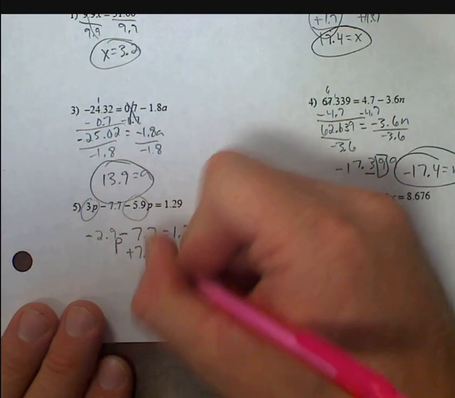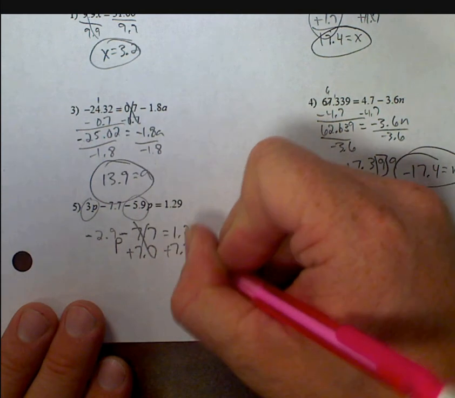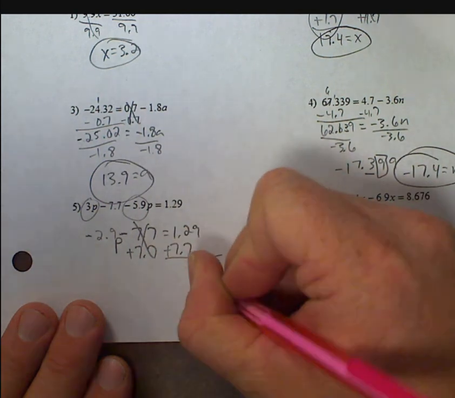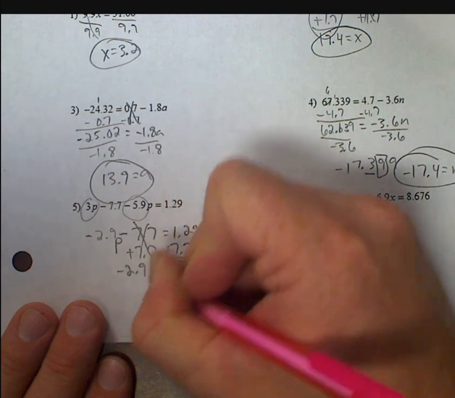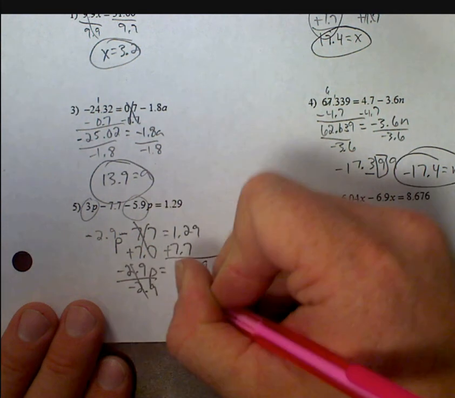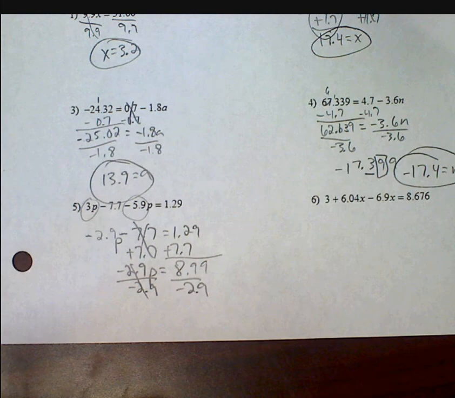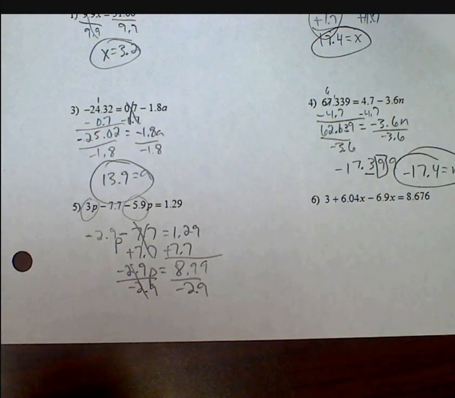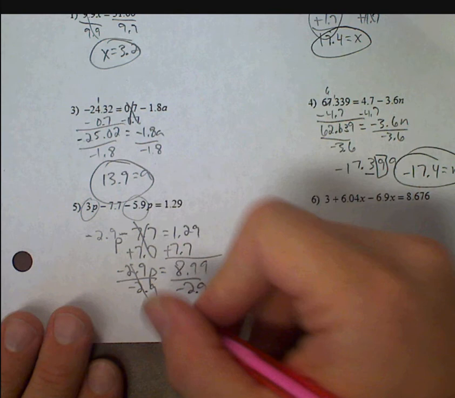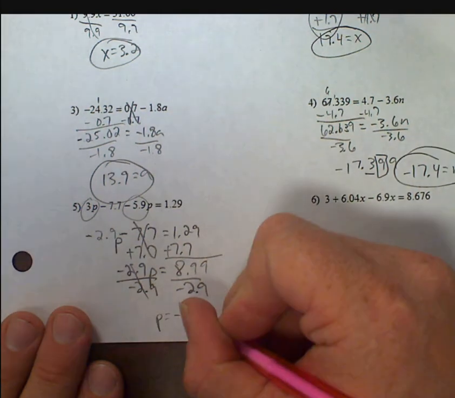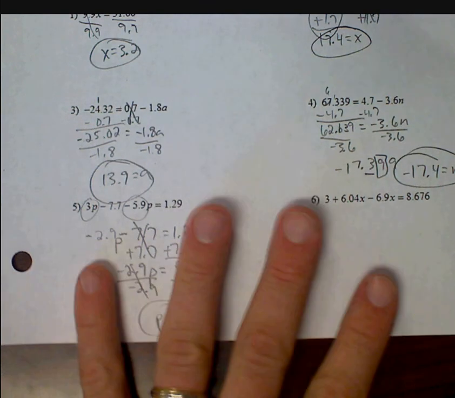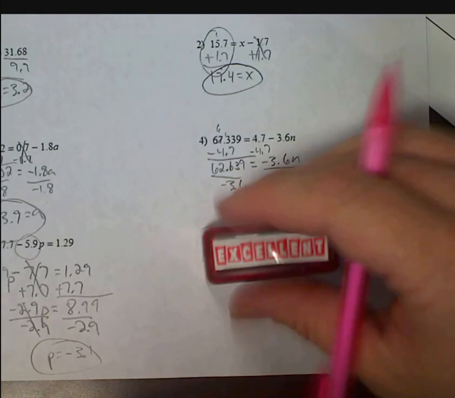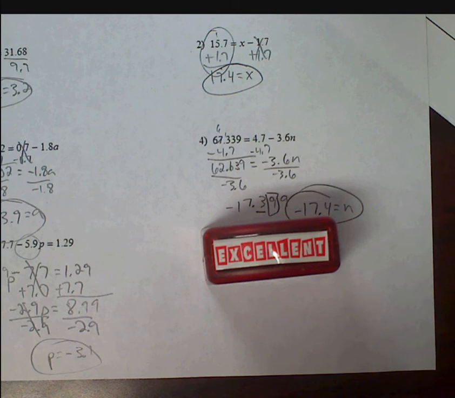I'm going to add 7.7 to both sides. That gives me 8.99 equals negative 2.9p. Divide by negative 2.9. 8.99 divided by 2.9. I get 3.1. And I only had one negative, so my answer is negative. Number 6. Pause the video and try.